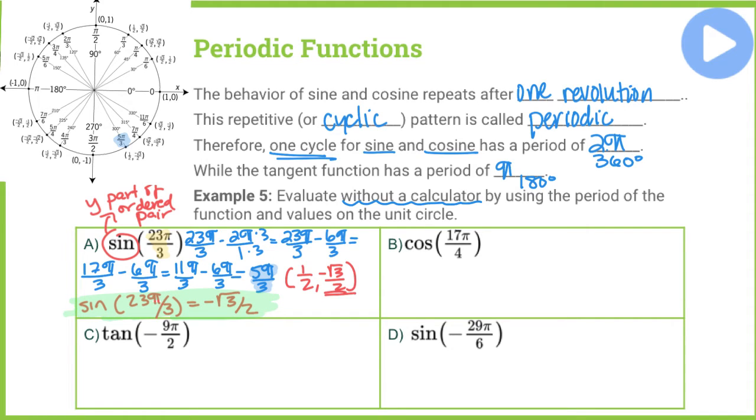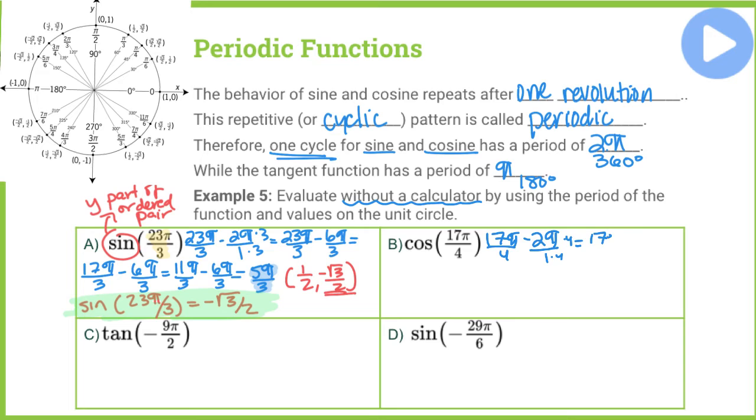So now let's check out cosine. So cosine of 17 pi over 4. 17 pi over 4 is, once again, not on the unit circle. So we need to take 17 pi over 4 and subtract 2 pi. But we need to get that common denominator.